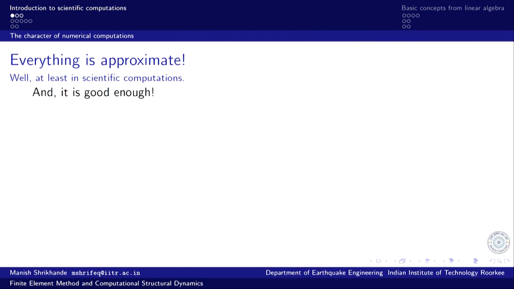In order to understand the measures that we use to qualify the quality of approximation, we will start this course with a discussion on the basic understanding of what is involved in scientific computations, what are the sources of errors, and some basic concepts from linear algebra, which is very important for constructing any approximation.